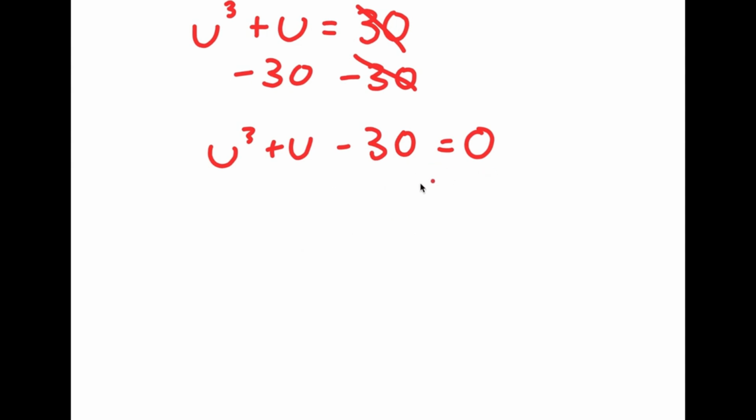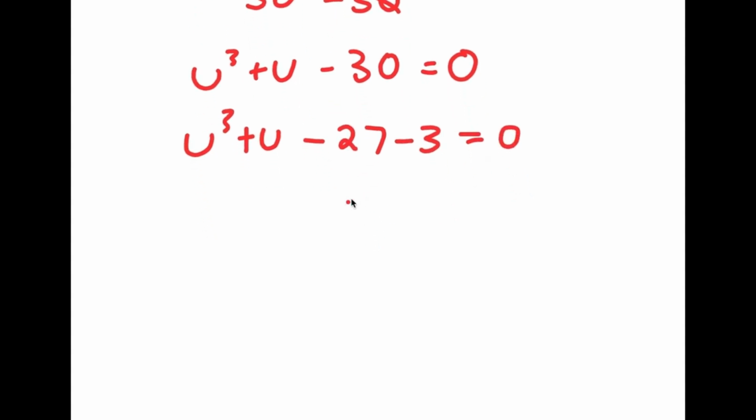Now we have an equation here, and we need to find what value of u makes this equation equal to 0. So what I'm going to do to start is rewrite 30 as 27 plus 3. The reason I did this is because 27 is the same thing as 3 to the power of 3.